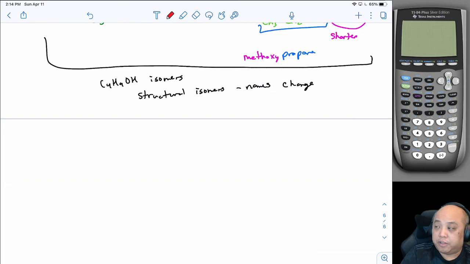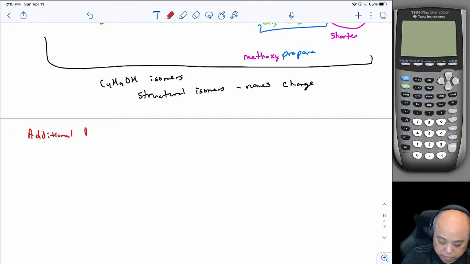Additional functional groups that you need to be familiar with, even though you don't have reactions with them. So these are functional groups that you have to identify in unknown compounds and stuff like that. Okay, things like an amine.